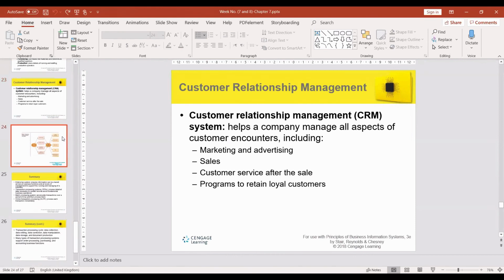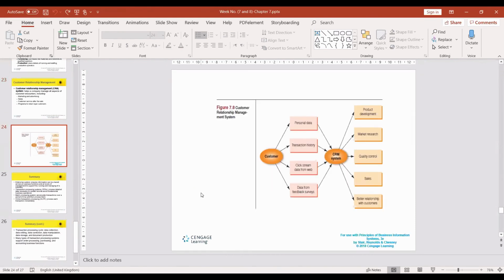Yes, clear. So this is the last slide today, about the customer relationship management system. From the customer point of view, you have this CRM system in the middle. It needs data collection. From where does the data come? Different types of data about the customer. It can be personal data that can be entered.